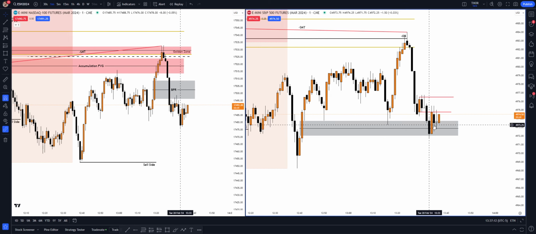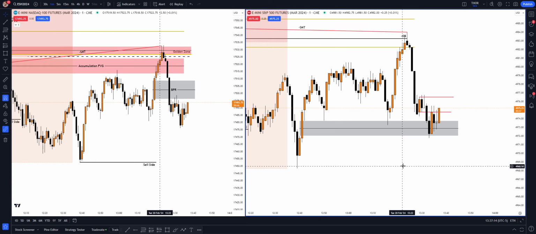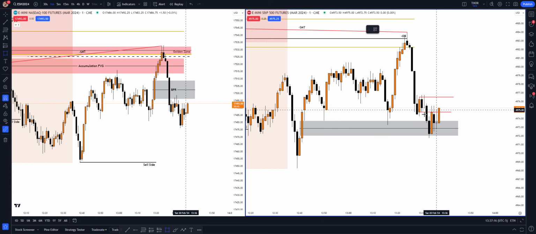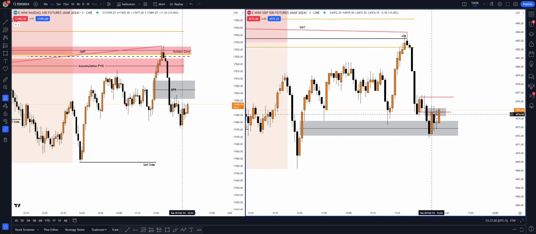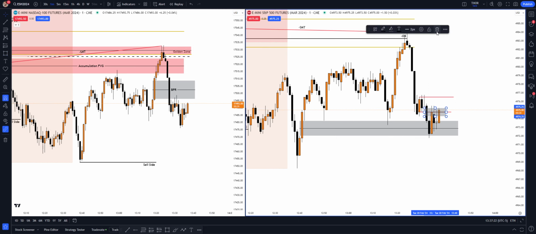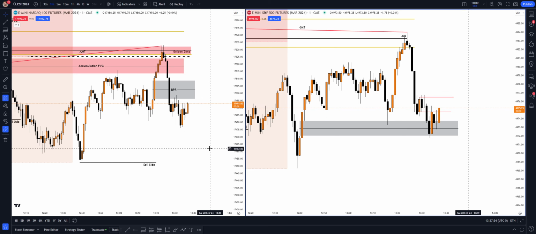It should really go down right away. Once it trades into this CE, it should really just break lower. And it's messing around too much here.